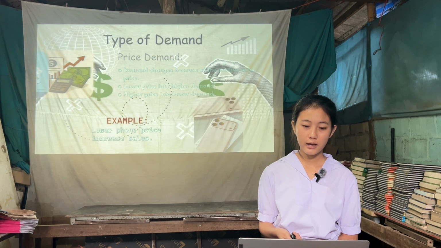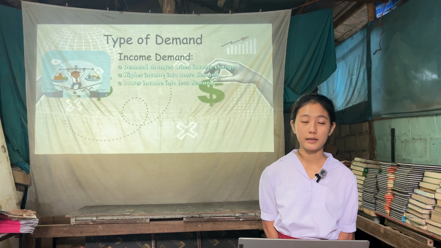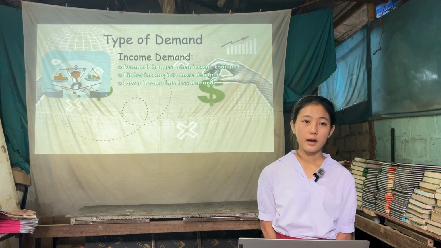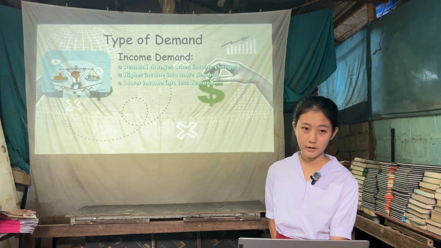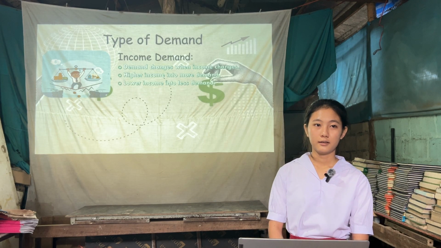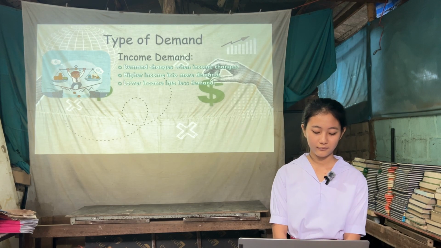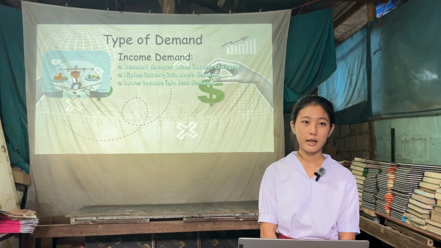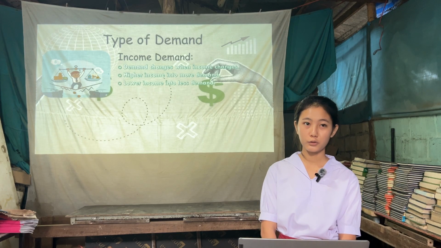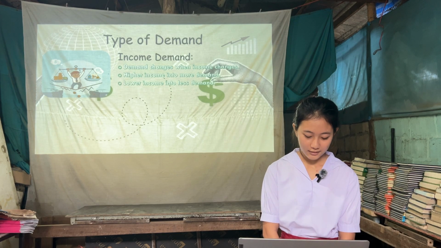And the second type is income demand. Income demand shows how demand changes when people's income changes. If people earn more money, they can buy more goods and services.